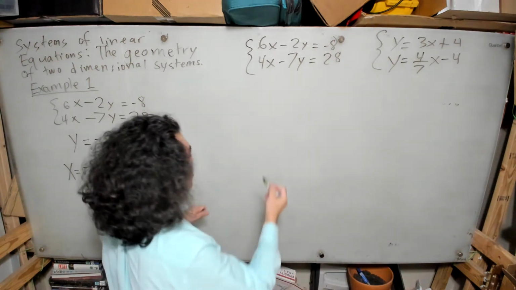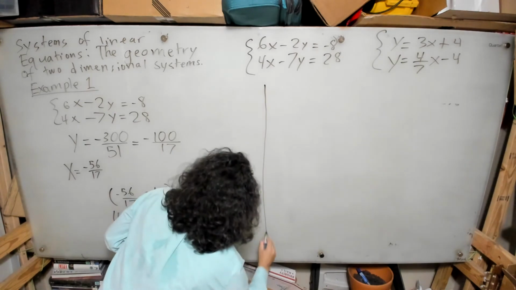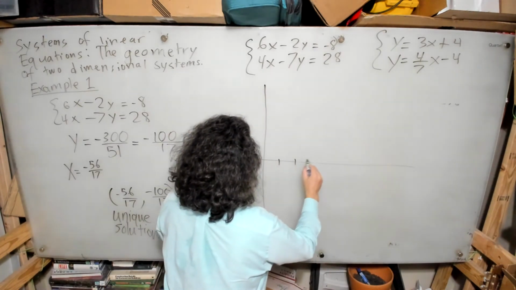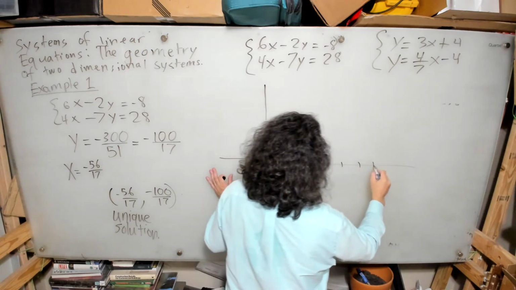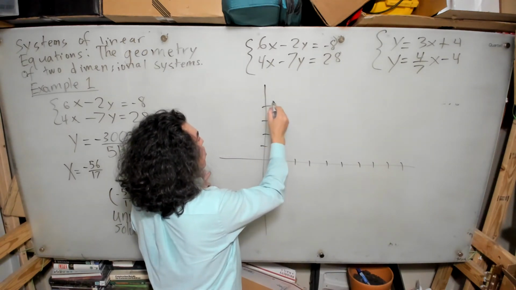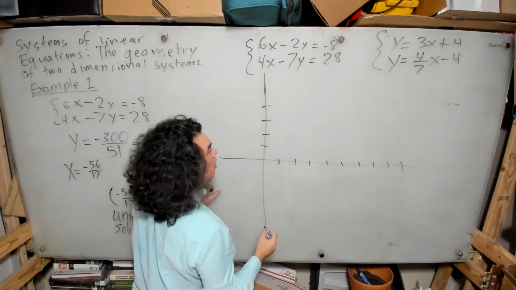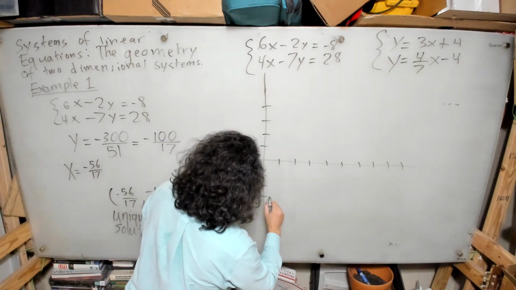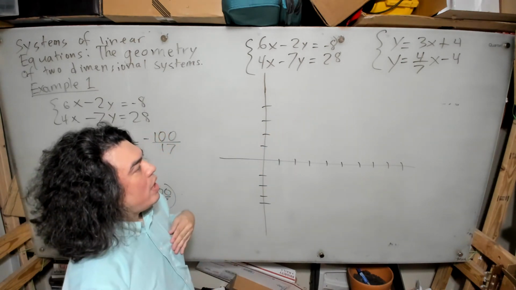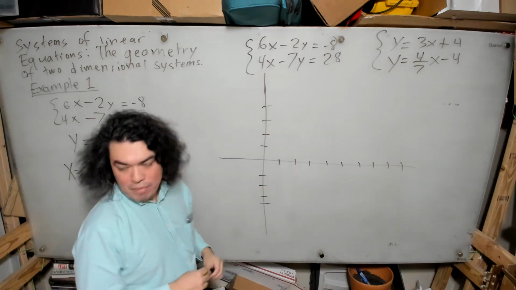So if I were to do a rough graph of this, let's say 1, 2, 3, 4, 5, 6, 7, 8, 9, 1, 2, 3, 4, and then 1, 2, 3, 4. The bottom line, let's say, is y equals 4 over 7x minus 4.